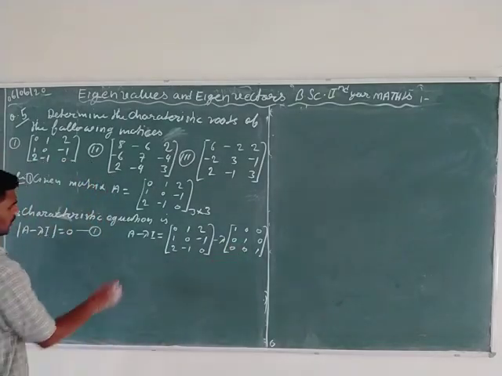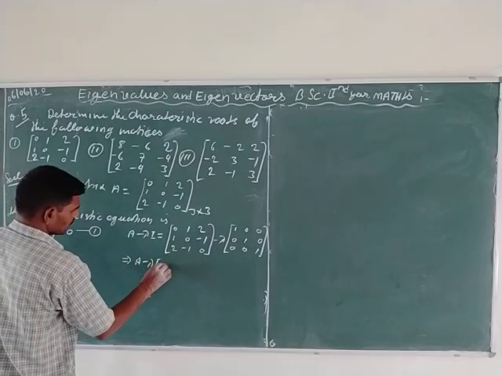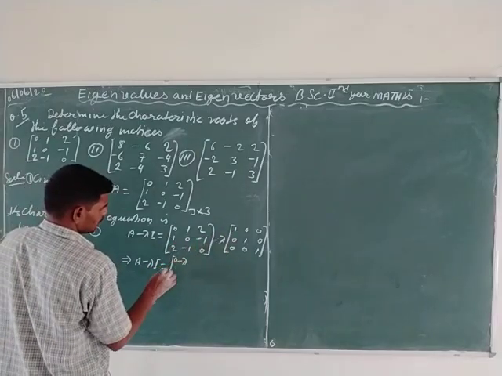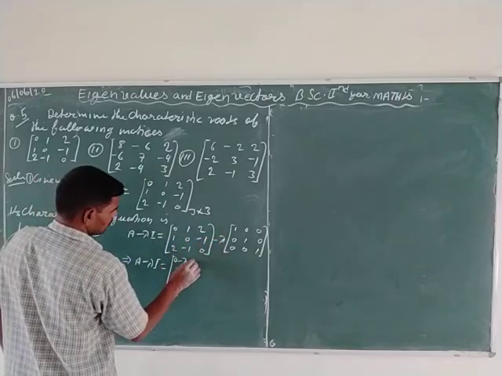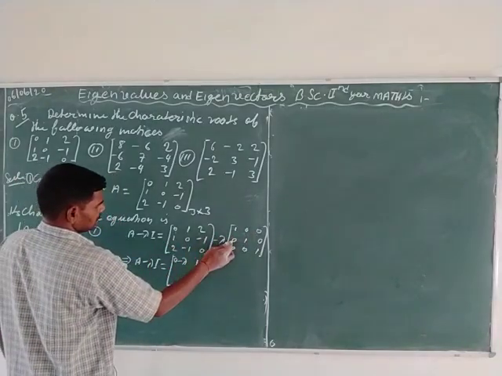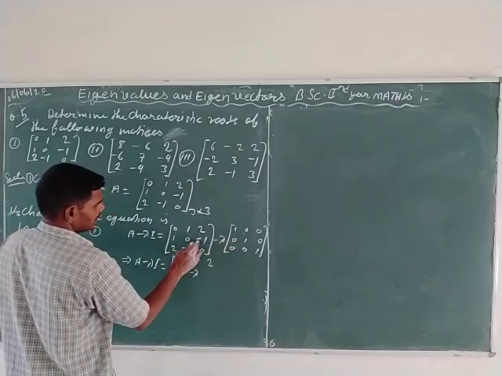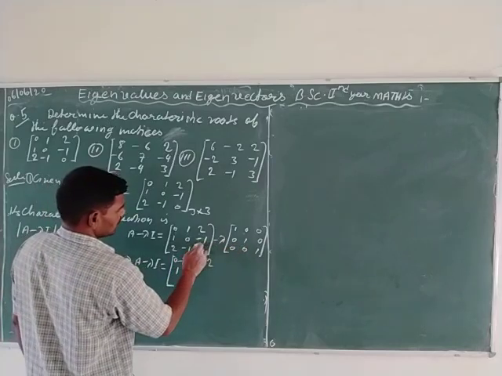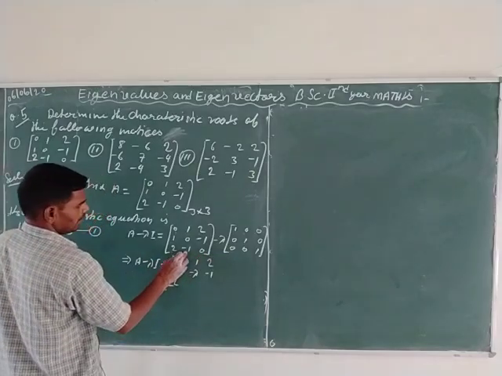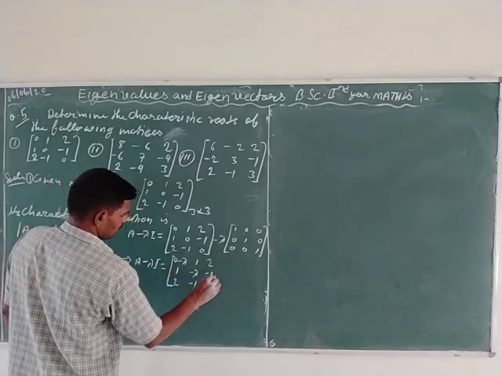It implies that A minus lambda I is equal to the matrix 0 minus lambda, 1 minus 0 means 1, 2 minus 0 means 2, and 1 minus 0 is equal to 1, 0 minus lambda is equal to minus lambda, and minus 1 minus 0 is equal to minus 1, 2 minus 0 is 2, minus 1, and 0 minus lambda is minus lambda.